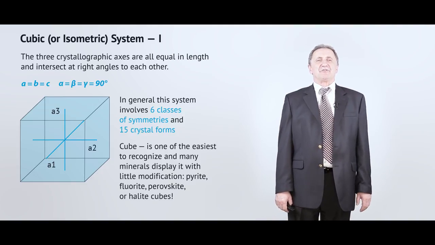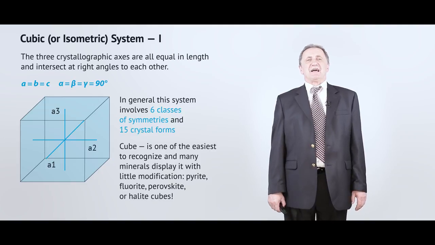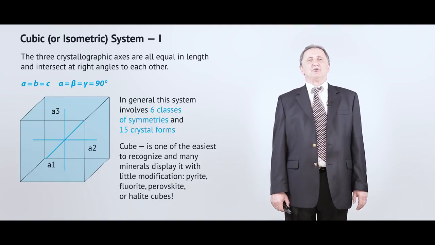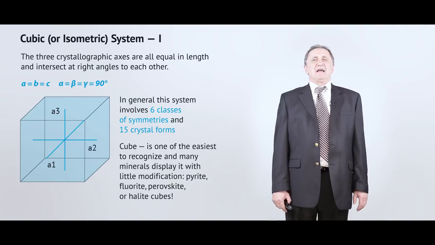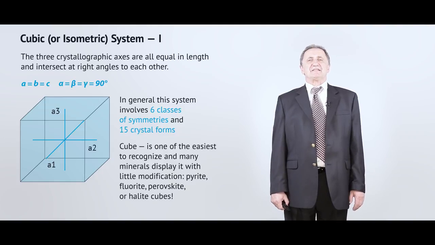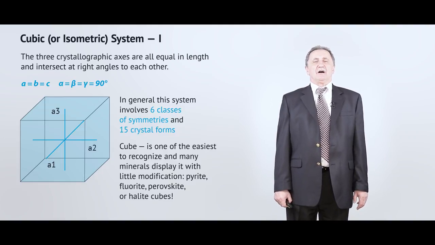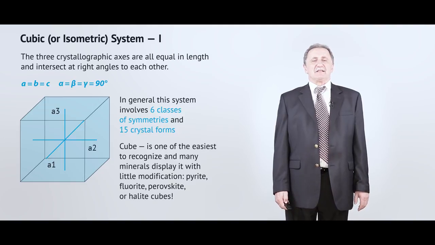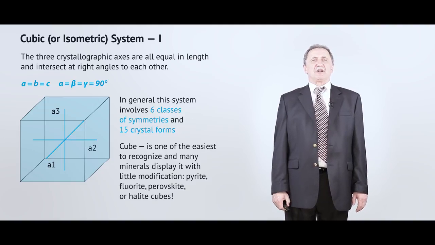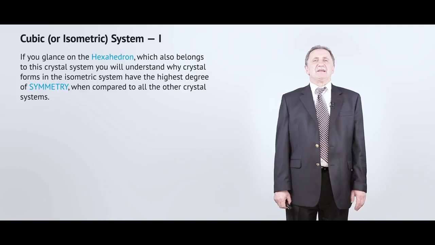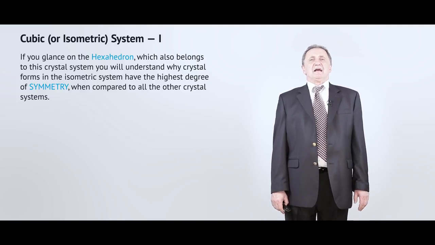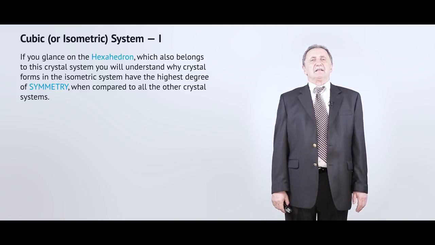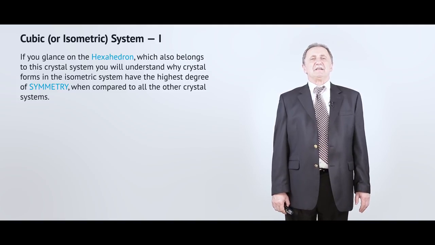Remember, we talked about 32 classes, 6 of them belong to the cubic or isometric system, and 15 different crystal forms also belong to the cubic system. So it's not in general so straightforward. One of them you may see here is the hexahedron, which also belongs to the cubic system. It's one of the 15.